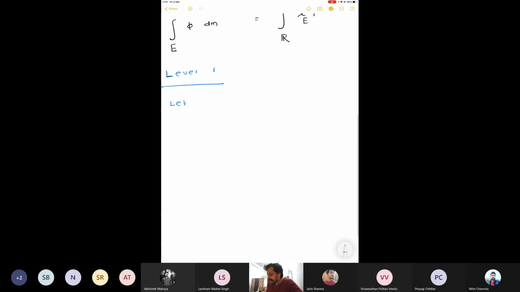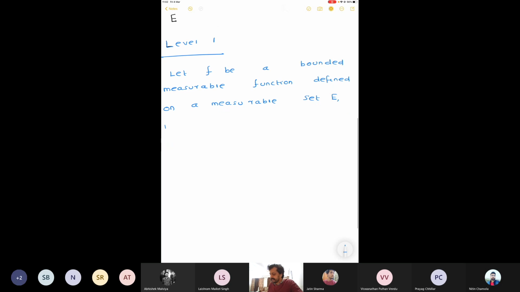Let f be a bounded measurable function defined on a measurable set E, and we assume that the measure of E is finite.